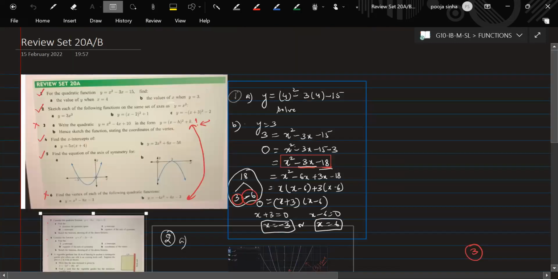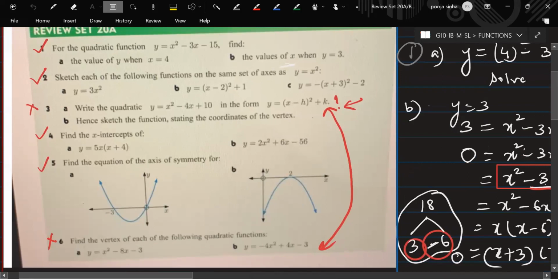Then we move to this. Quadratic. How do I know it's a quadratic function? ax square plus bx plus c. The moment you see x square, you know it's a quadratic function. Pehla question: value of y when x is equal to 4.